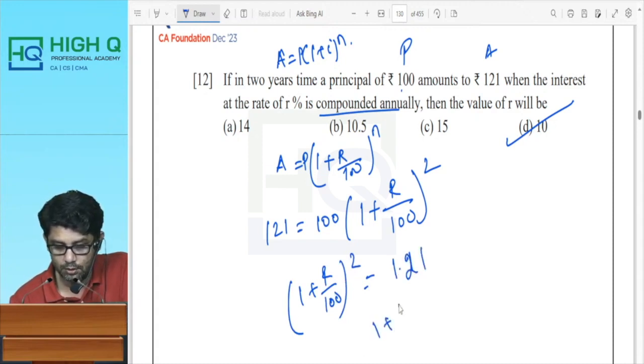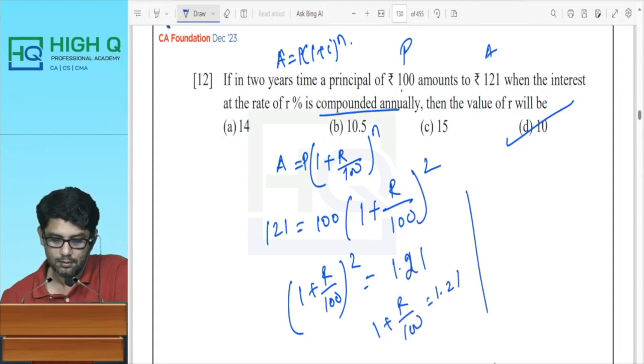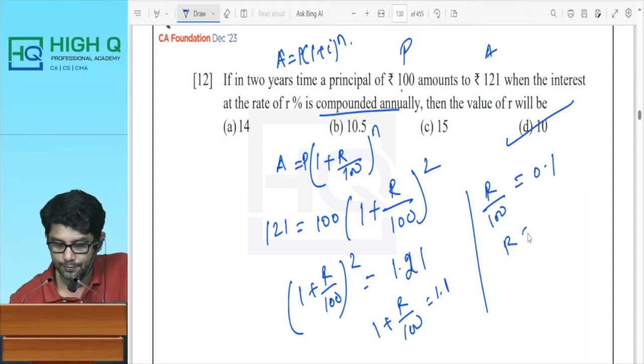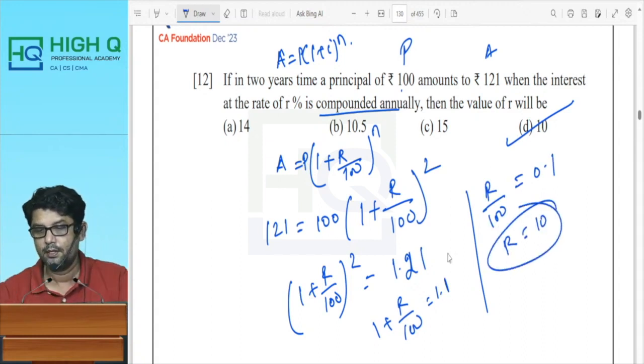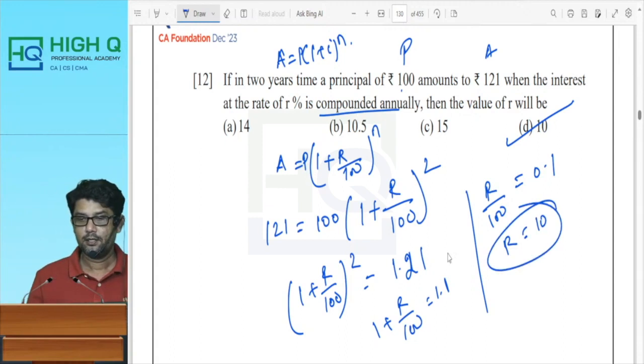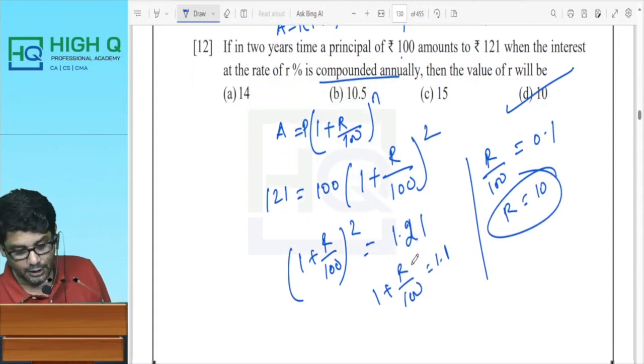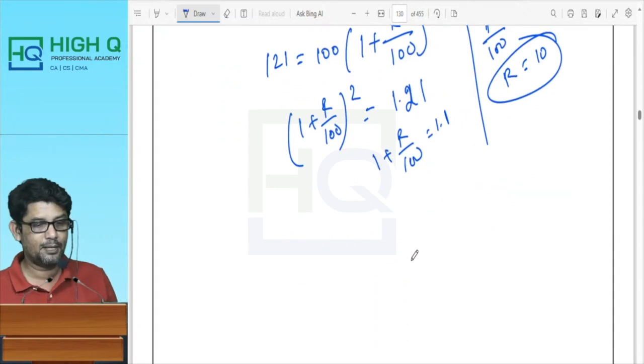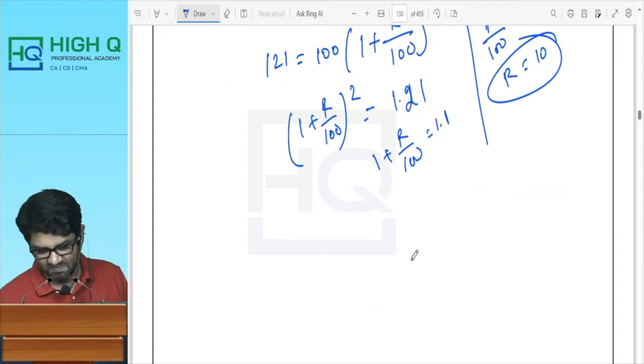Taking square root, 1.1. R by 100 is equal to 0.1. It's actually a waste of time if you ask me. But still many people are comfortable with this method. What to do, my dear?